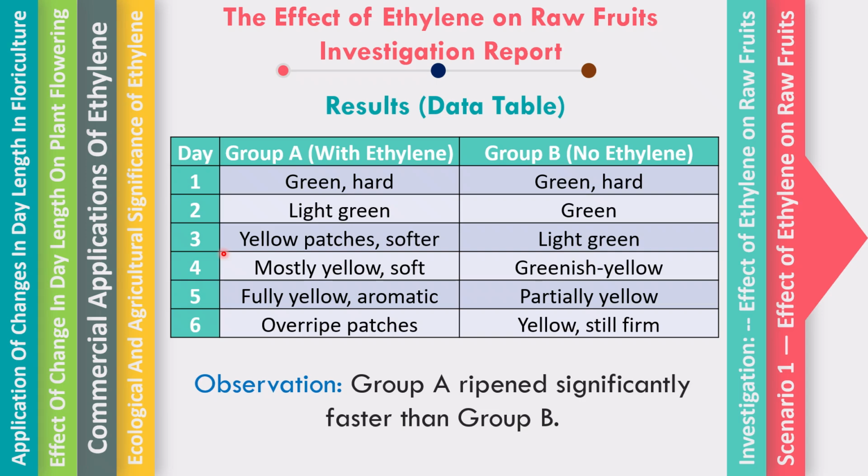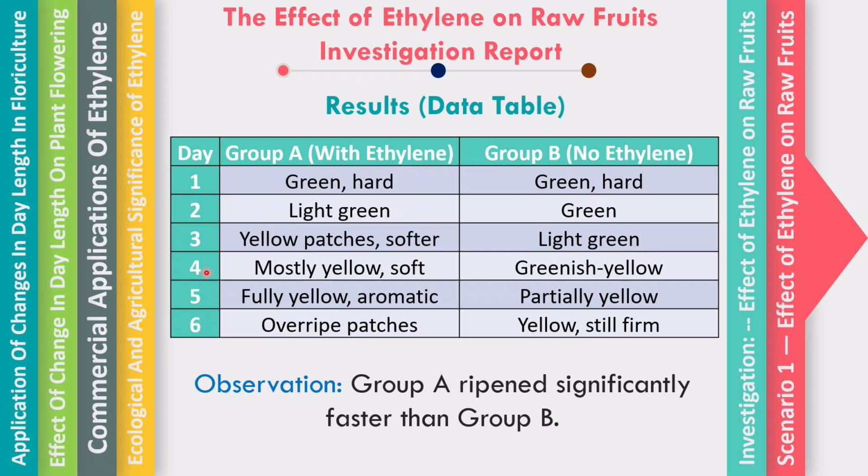On the third day, the group with ethylene developed yellow patches and became softer. Group B without ethylene were still light green.